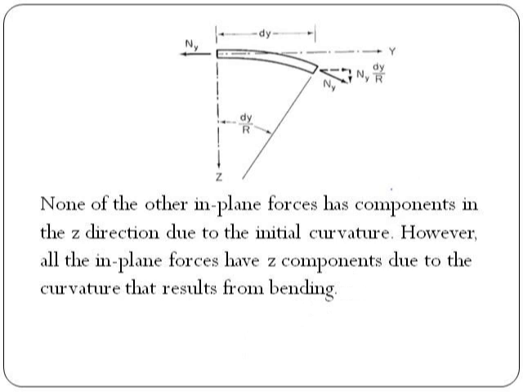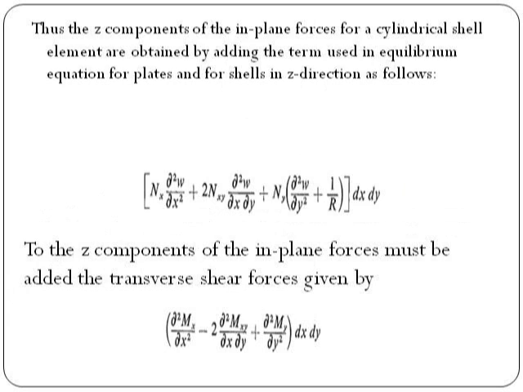However, all the in-plane forces have z component due to curvature that results from bending. Thus the z component of the in-plane forces for cylindrical shell element are obtained by adding the terms used in the equilibrium equation for plates and for shell in z direction as follows.